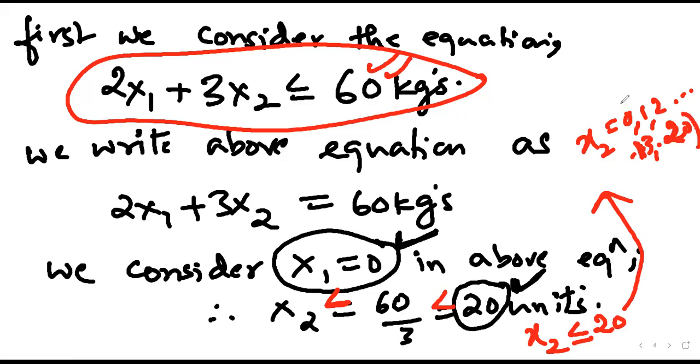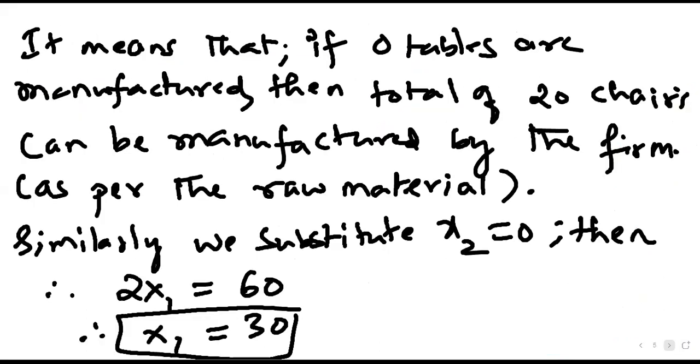So any number from 0 to 20 is valid for us. That means the firm can manufacture the product anywhere between 0 to 20. Is it understood here? Yes, sir.